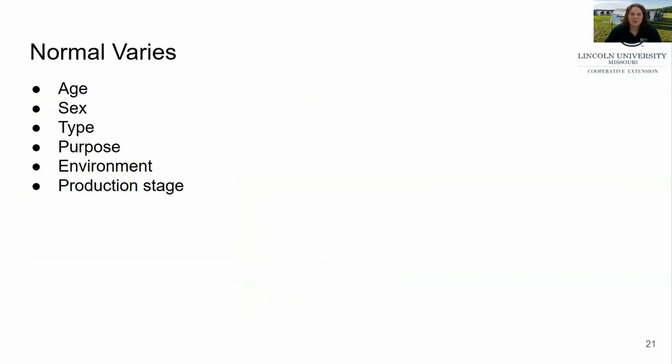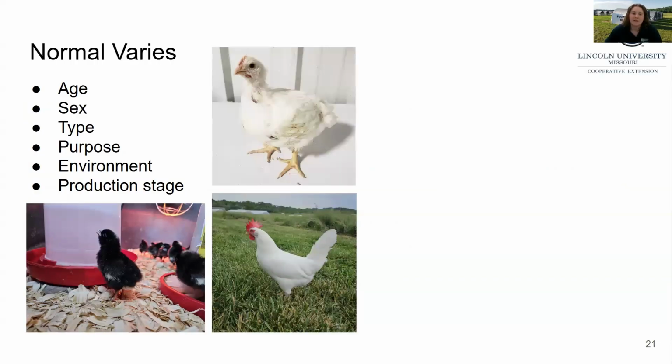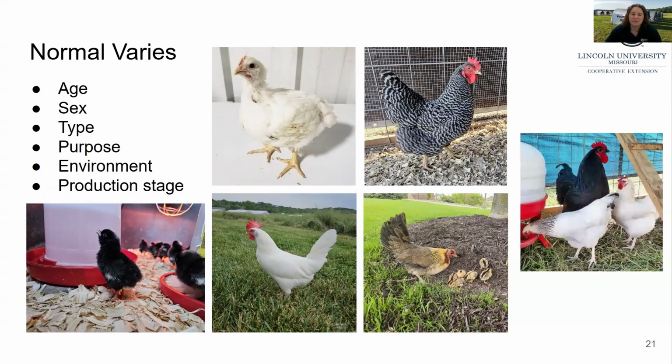And the baseline is not going to be the same for every bird. A young chick is not going to behave like a mature laying hen. A broiler isn't going to have the same body type or growth as a heritage breed. And a hen with chicks may behave very differently from hens in a breeding flock with a rooster. Even within the same type of bird environment and production stage, we may see differences between flocks.